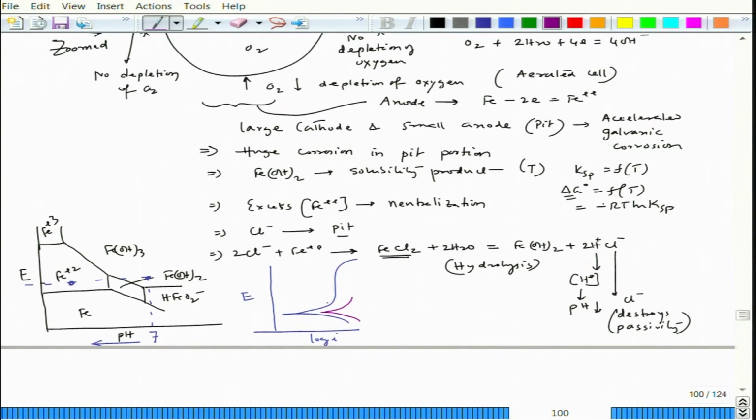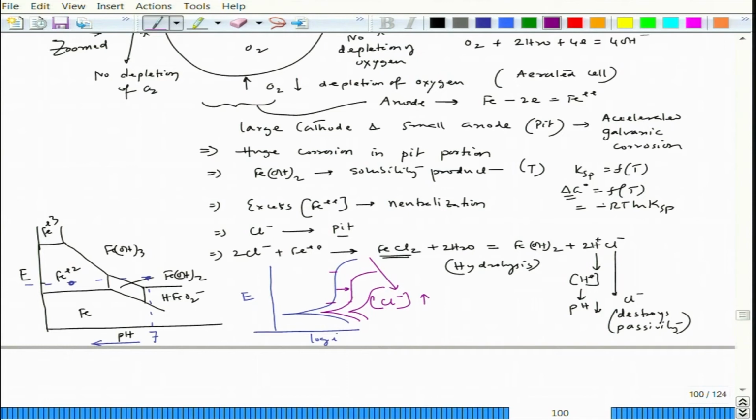This point will move up, this point will move towards the right, and this potential drops as the chloride ion concentration increases. We have already seen that kind of situation.